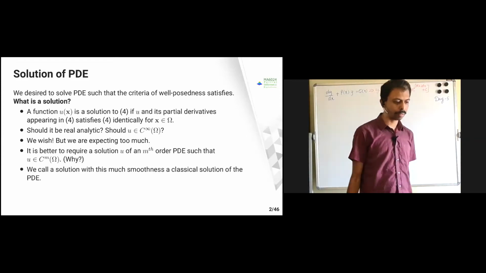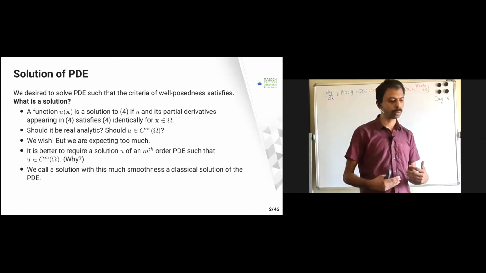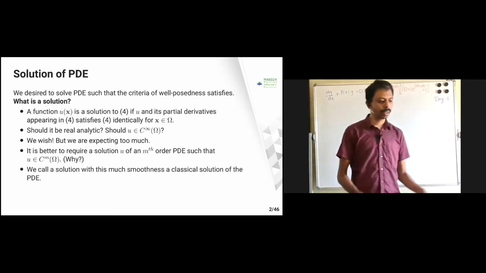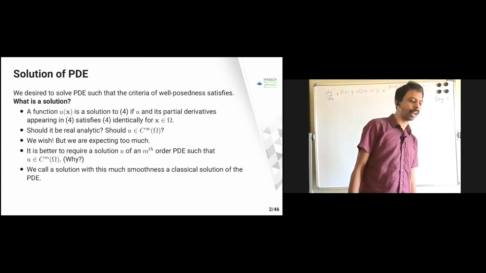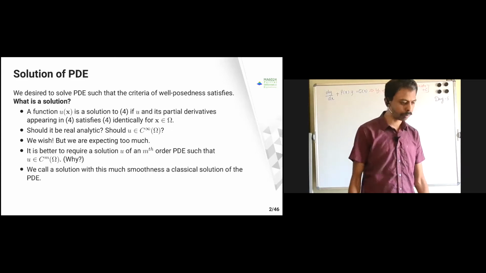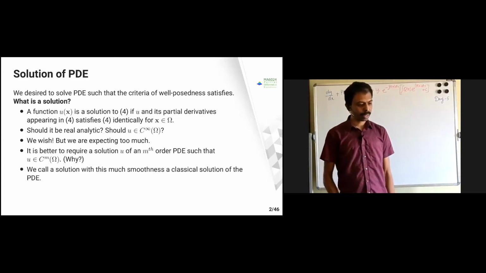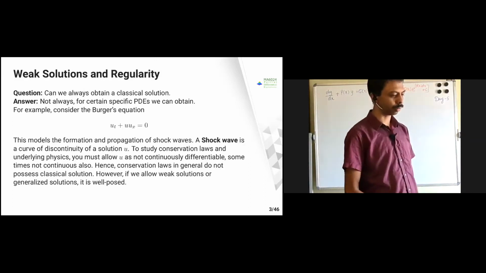So we relax ourselves to an mth order PDE, where we don't expect u to belong to C infinity of omega. Instead, we expect u belongs to C m of omega, meaning m times differentiable and continuous. If such a solution exists, we call it a classical solution of the PDE.